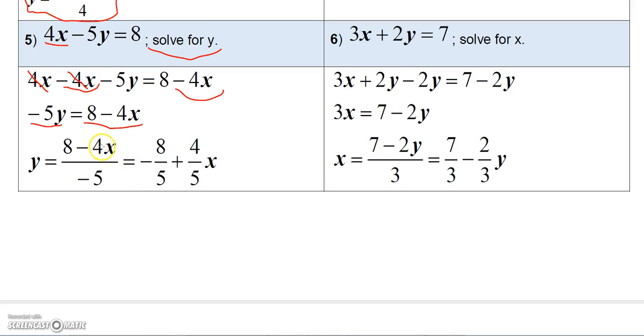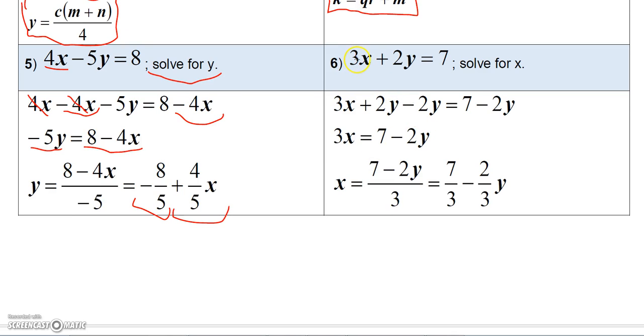Now, I'm going to go ahead and break this up into two fractions. This can be written as 8 divided by negative 5, which is minus 8 over 5, and then minus 4x divided by negative 5. But if you take minus 4x and divide it by negative 5, it's the same as plus 4x divided by 5. So this can be written as minus 8/5 plus 4/5 x.